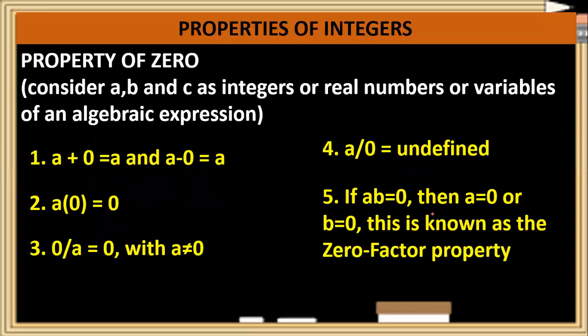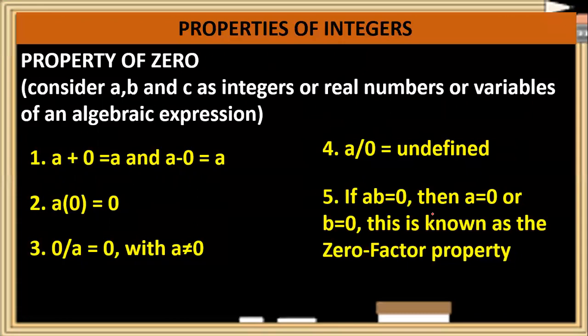Now, let's go with the property of 0. Di ba sabi natin 0 is also considered as an integer. So consider A, B, and C as integers or real numbers or variables of an algebraic expression. Sabi natin, the property of adding 0: a given integer plus 0 will always be that integer.